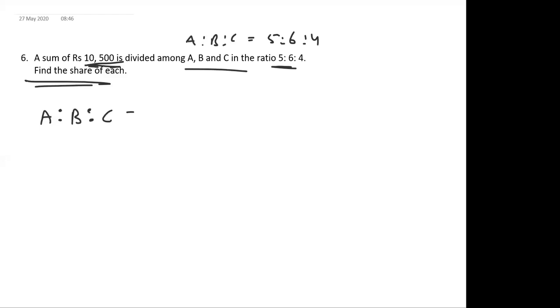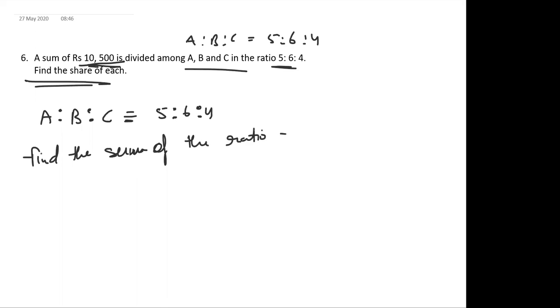So write A ratio B ratio C is equal to 5 ratio 6 ratio 4. Now in this type of question, you first find the sum of the ratio. Whenever you have to find out the share, find the sum of the ratio.